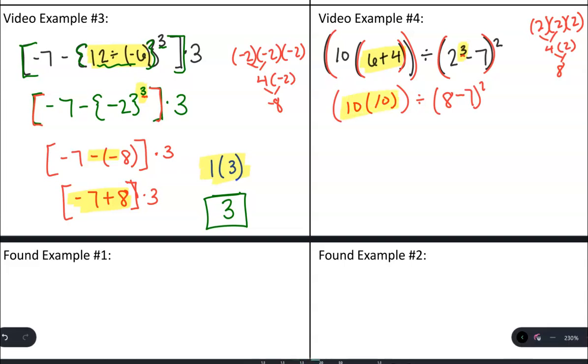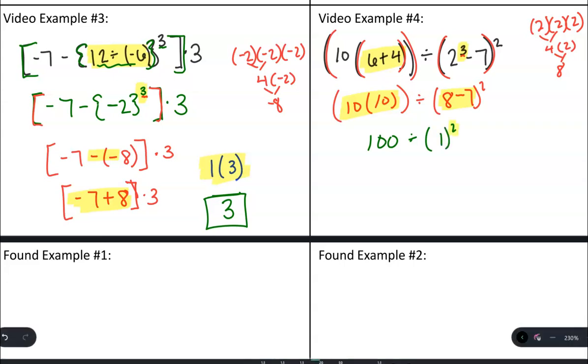Inside of these parentheses, we have multiplication. So 10 times 10, which would be 100, and now we're done with that. There's no more operations. We do have an exponent on the outside, but we have an operation on the inside still. So we are going to take care of that operation first. 8 minus 7 is 1.